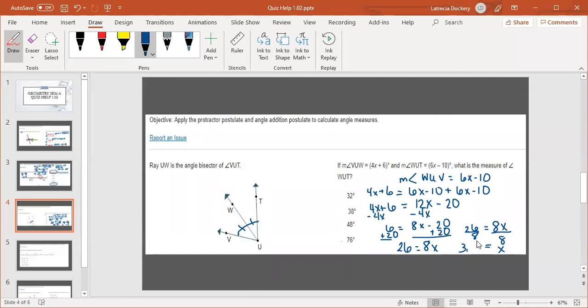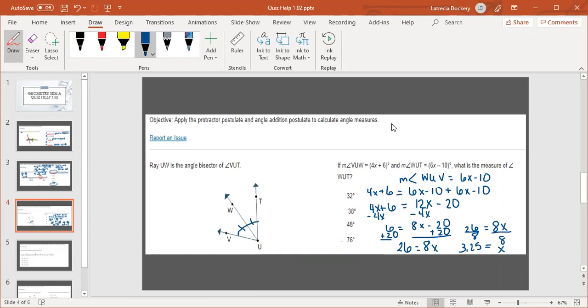Let me put it in my calculator. 3.25. Sorry, it took me a minute there. Now we're going to go back up here, and the question was, what is the measure of WUT?